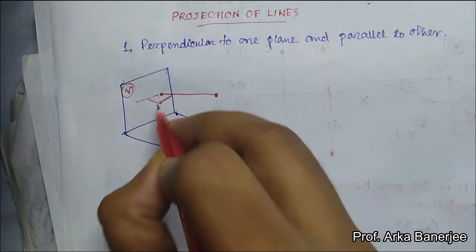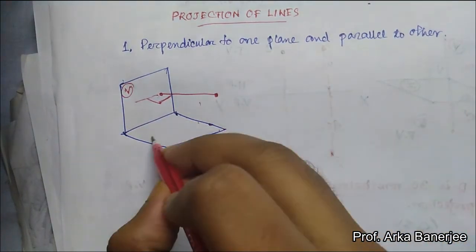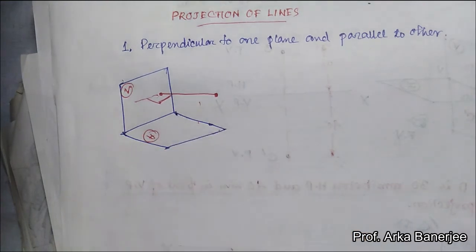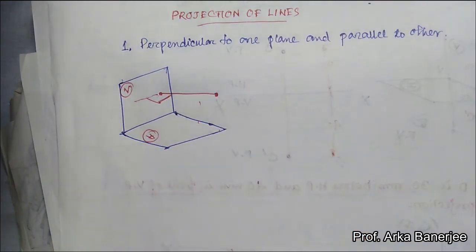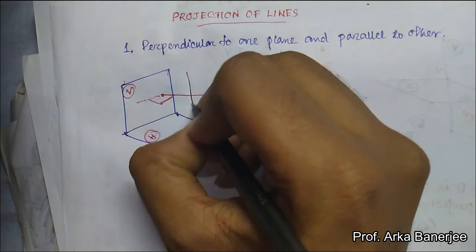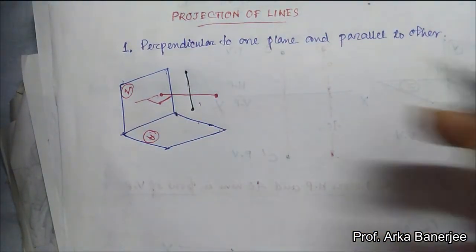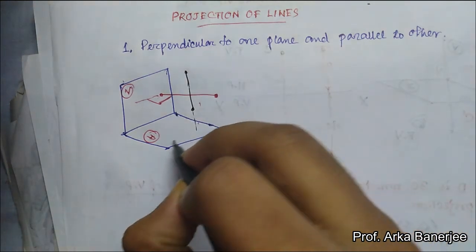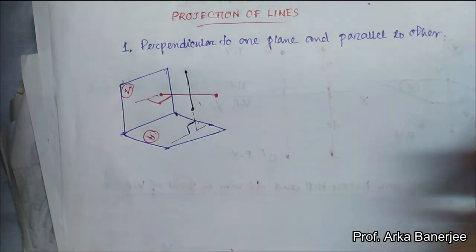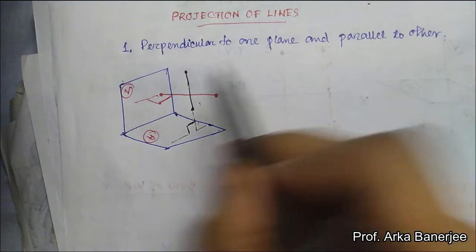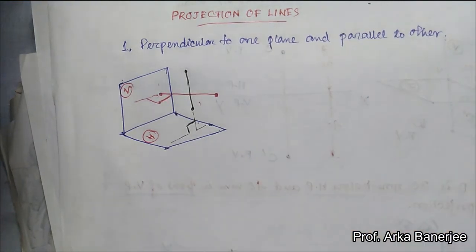This angle is 90 degrees, and it is parallel with the horizontal plane. Otherwise, the straight line may be present like this. In this case, it is perpendicular with the horizontal plane and parallel with the vertical plane.